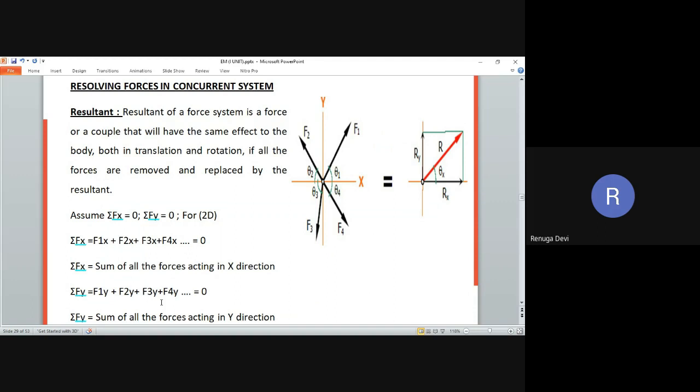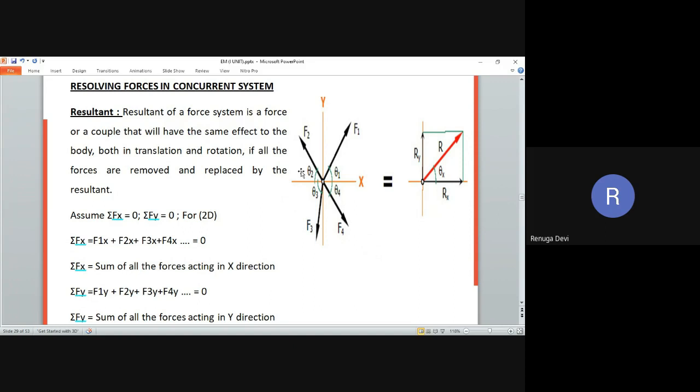Usually, for resolving forces, if you have one or two forces you can apply Lami's theorem or triangle law, polygon law, or parallelogram law. If three forces are acting, Lami's theorem can be applied. But if there are more than three, we cannot apply any one of these laws.